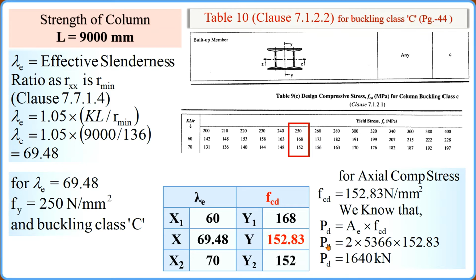Now we know that Pd is equal to A into fcd, and this gives the capacity of the column as 1640 kilonewton. So when the height of the column is 9000 mm, the capacity of the column is 1640 kilonewton. Okay, now we'll see what will be the capacity of the column when the height of the column is 6000 mm.